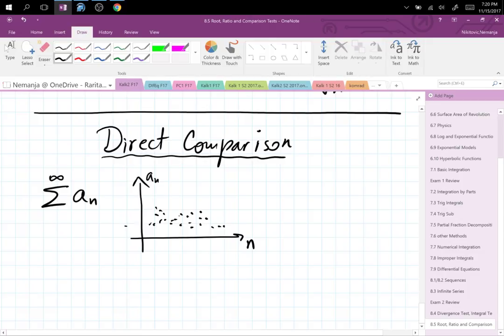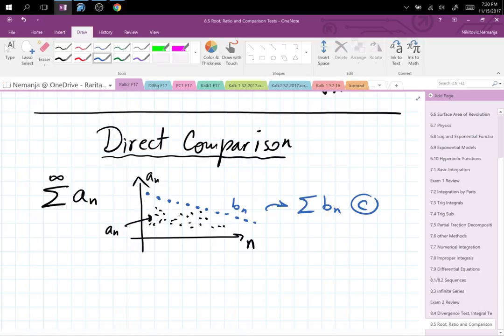And then you figure out some kind of nicely behaving bn whose summation converges.